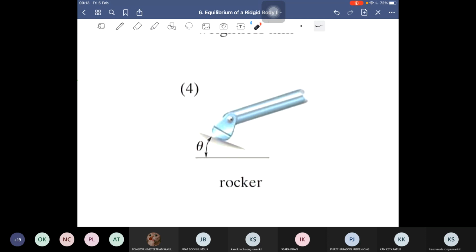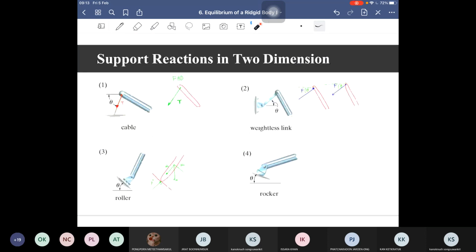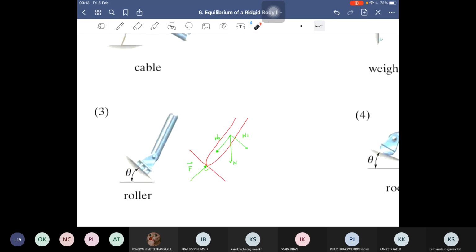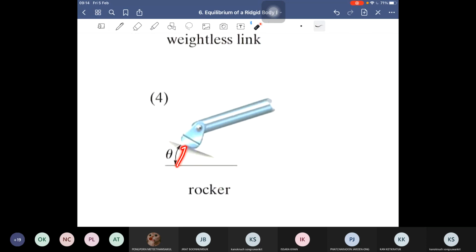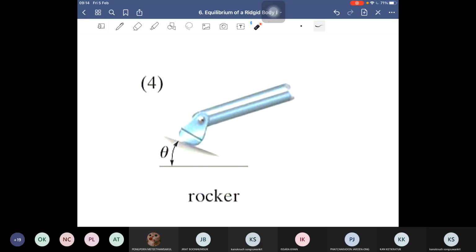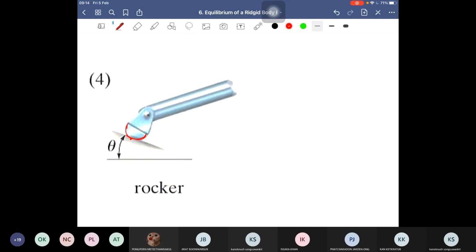The next one is the rocker. Actually, it looks like the roller, right? But the roller is supported by a wheel, while the rocker is supported by a curved surface. But if you observe the contact surface between the floor and the rocker, it will touch the floor at a tangent point. It's just a small area. So we use the same fundamentals as the roller.